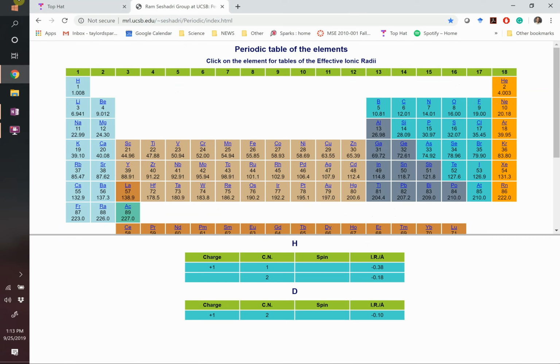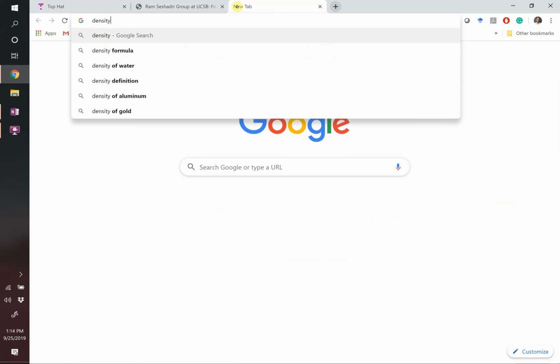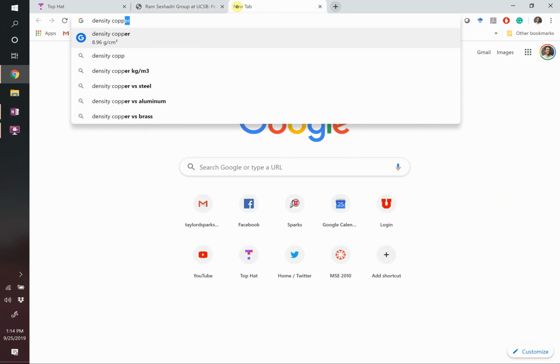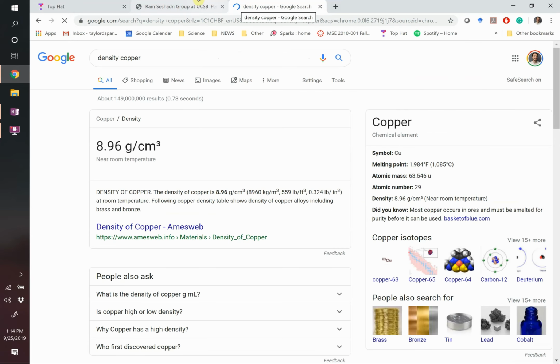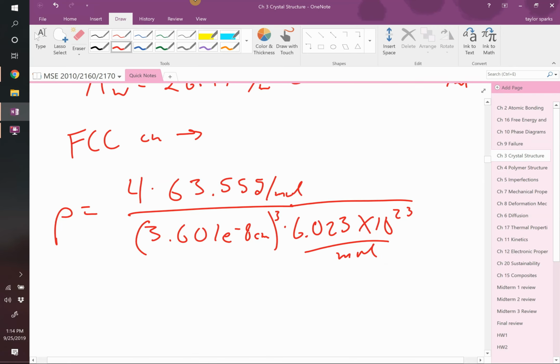Let's see how that compares with the real density. Okay, so the actual measured density near room temperature is about 9 grams per centimeter cubed. When I punch it in, I get 9.03. Or in other words, copper, if you just account for the unit cell, should be a little bit more dense than the copper that you can buy at Home Depot.